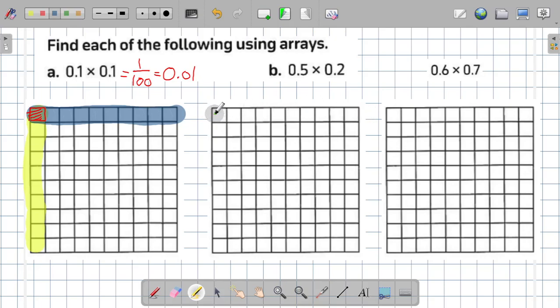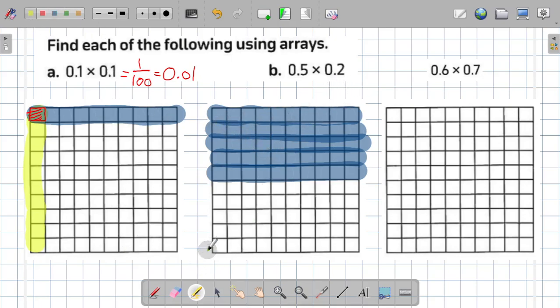So I will represent the first one by rows, like that: 3, 4, and 5. Next, I want to represent the second number. I have 2 tenths, so it will be 1, 2. So where is the intersection area? Look, it's here.